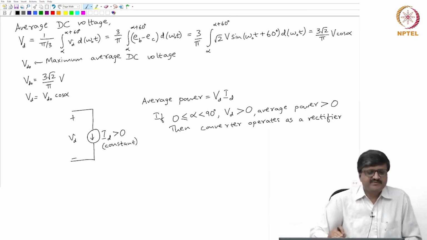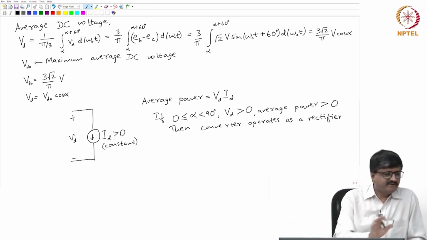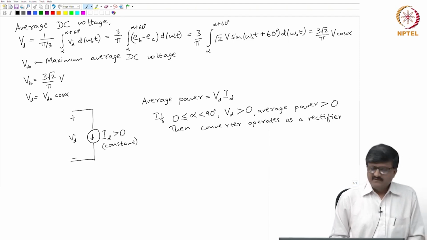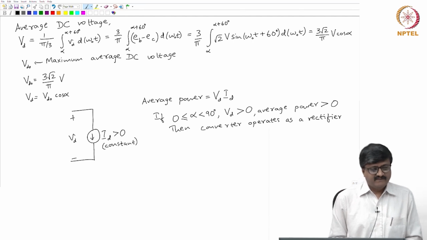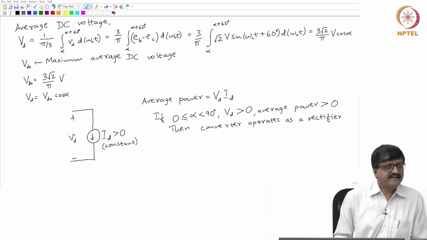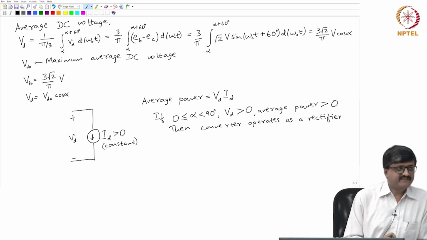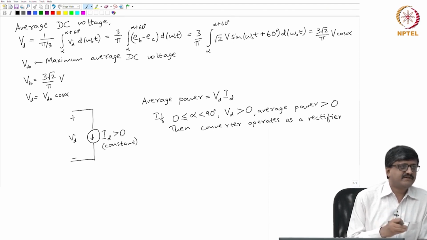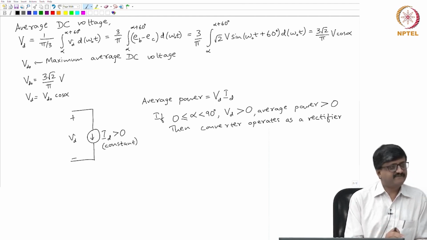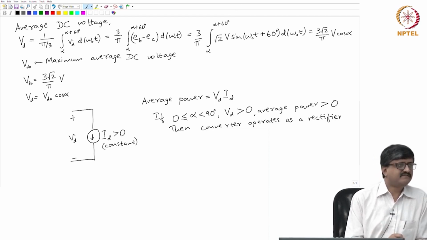So, these are a few things which we are able to obtain from the table that we obtained in the last class. Okay. Now, there is something on the AC side. Ideally on the AC side we should have voltages and currents that are sinusoidal. On the DC side voltage and current should be constant. Now, if you look at the AC side of the converter, the voltages are sinusoidal.